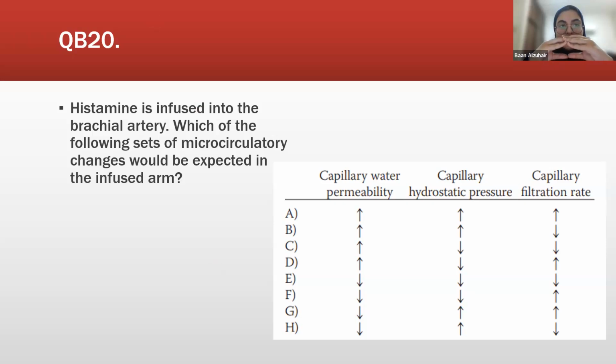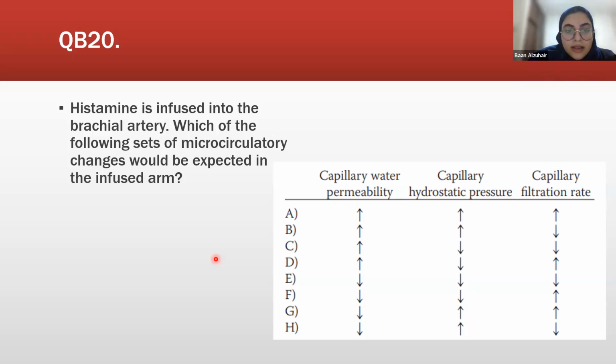Vasodilation means that the vessel is going to relax, right? These two are endothelial cells. This is them contracting, vasoconstriction. If you vasodilate, they'll do this. See, there's a space between them. That means there is going to be more leakage of stuff that is in the capillary. That means they'll increase capillary water permeability, right?